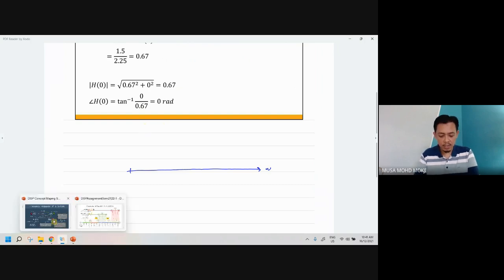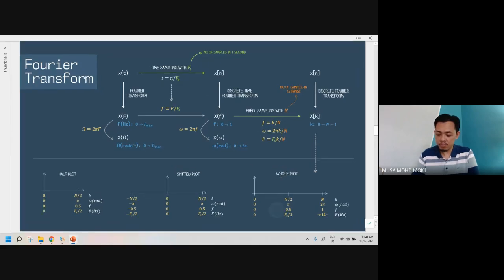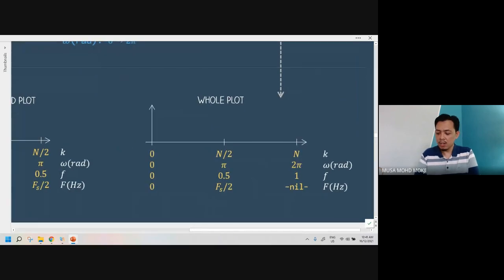What is the range of omega? If we look back here, this is the whole plot. Omega goes from 0 up to 2 pi. This is the one that you need to plot. Of course, we cannot do every value, so we are estimating it on several points.